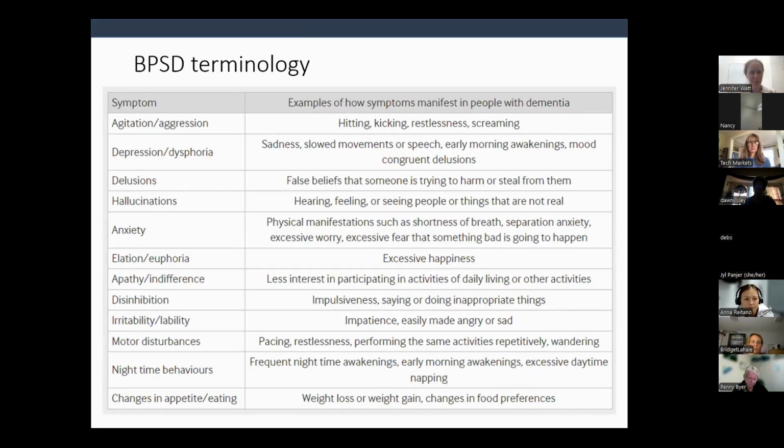As I was explaining before, when people use BPSD terminology, it's often more rooted in the research literature, and you will see this when we look at certain scales later on. And these are the terms that are in those scales, which reflects that they're used more for research purposes. Although some of these terms we will use in providing regular patient care as well.